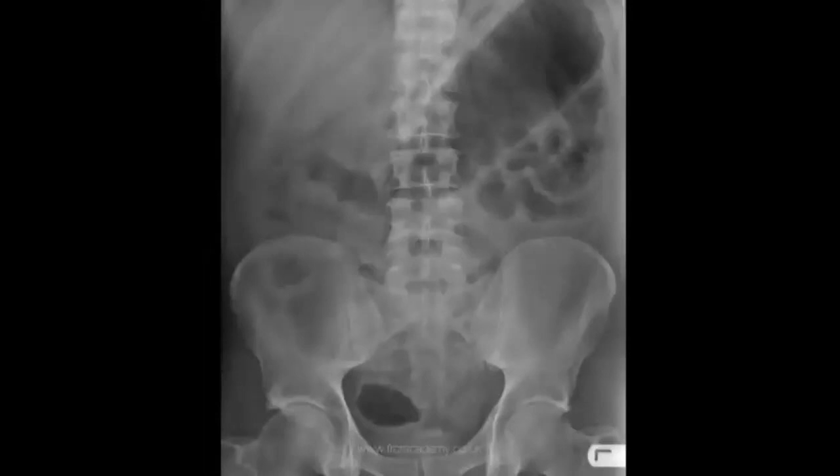And this one, colitis with complication, toxic megacolon. Perfect, Ahmed.